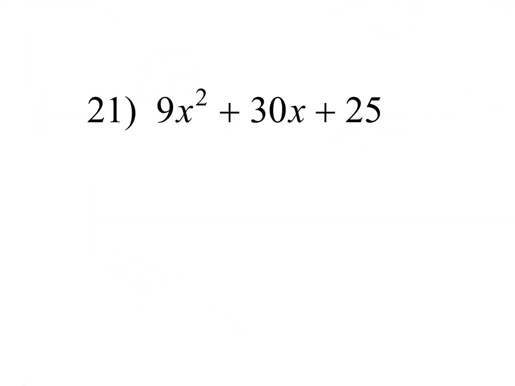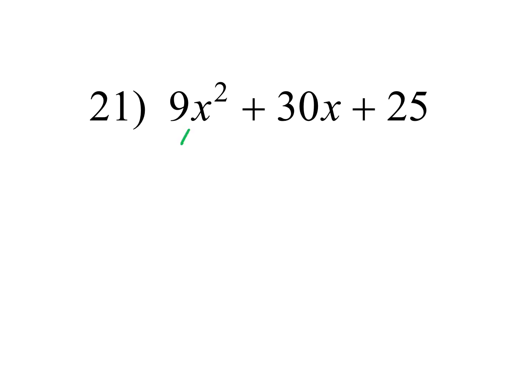All right, 21. Eli, what times what gives me 9x squared? 3x. And Eli, what times what gives me 25? 5 times 5. So in my parentheses, I have 3x and 5. What's going to go in the middle?